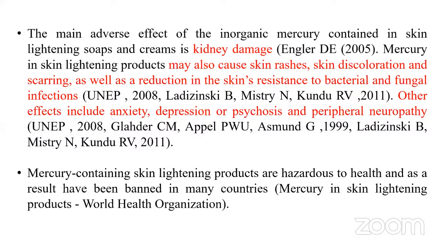Not only do these products harm our skin, they also cause severe systemic and psychological damage to our body. Anxiety, depression, psychosis, and peripheral neuropathy are all associated with the use of cosmetic products which contain mercury.